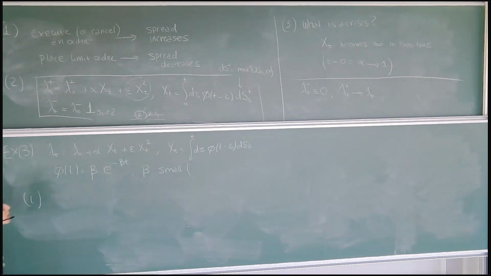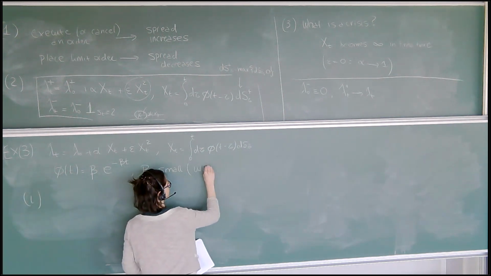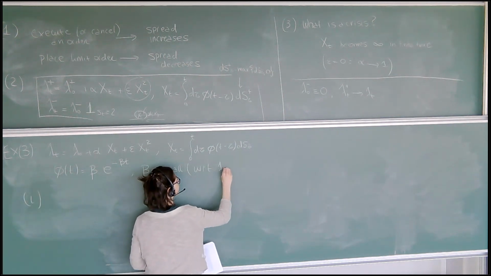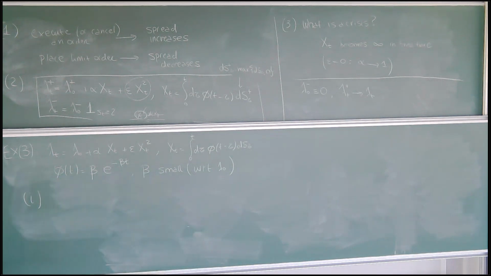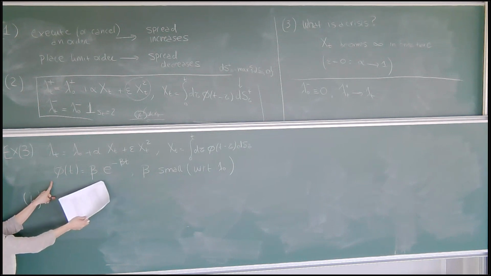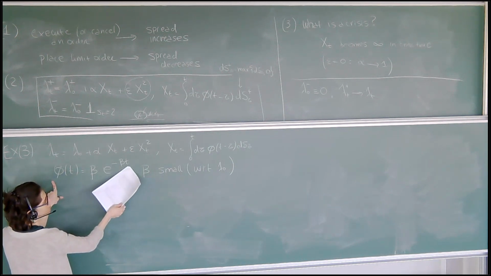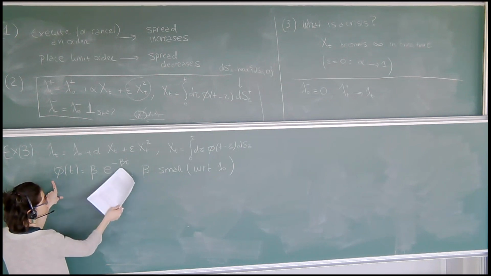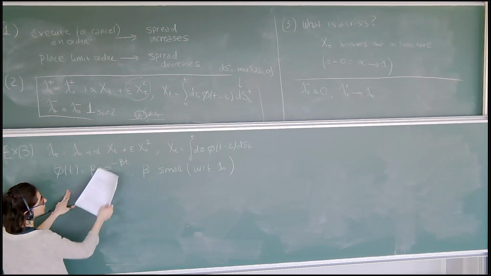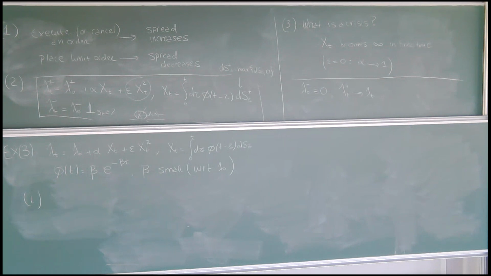Whenever you say small, you have to specify with respect to what. In our case, it would be small with respect to lambda 0, which in words means that your kernel is slowly varying in time. So if beta is small, at least for smaller times or for a window of time which becomes larger, this will be roughly equal to a constant beta.